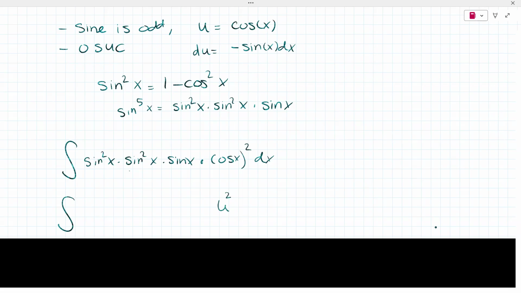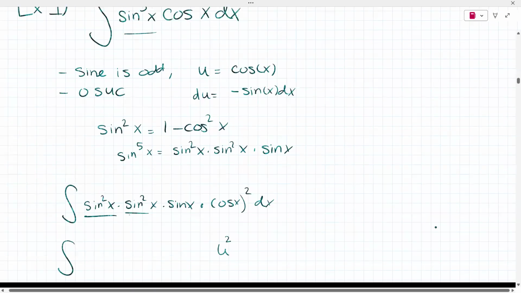And then we have sine square of x, and I think what we have to do is get rid of this minus because we'll have this extra sine of x dx. So let's get rid of that minus by multiplying both sides by negative. I think that's much better.